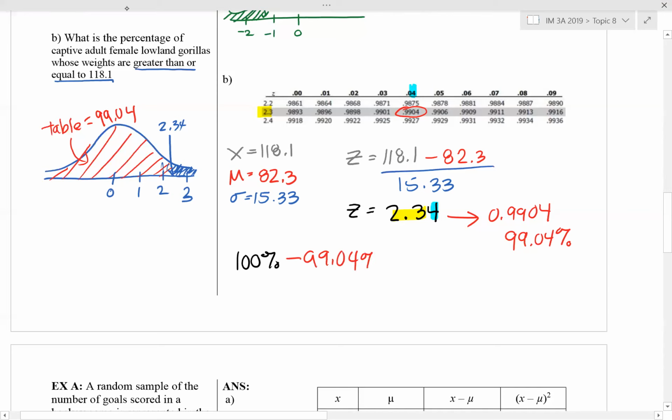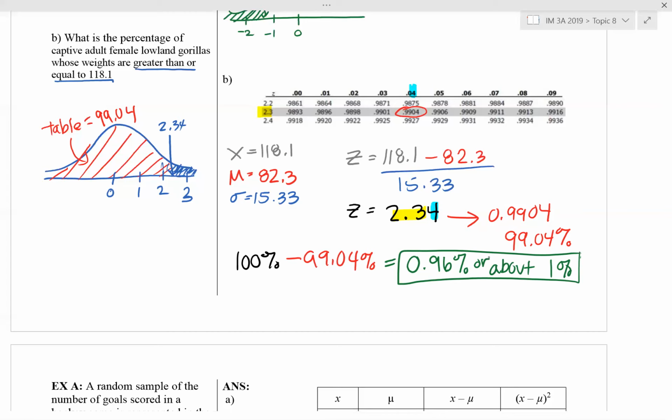And so that's going to give me a value of 0.96%. We could also just say that that is about 1% of the data. So if it's asking me for the weights greater than or the values greater than the z-score, I have to subtract the percentage from 100.